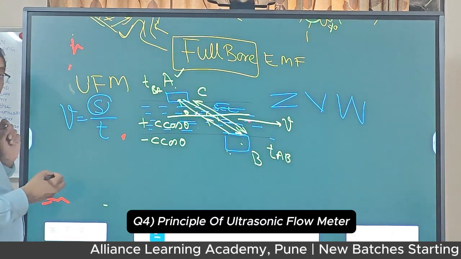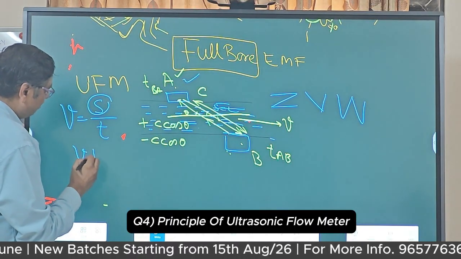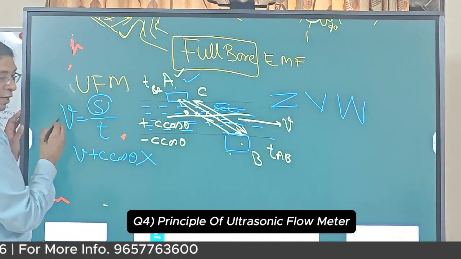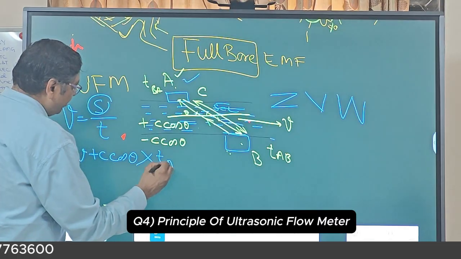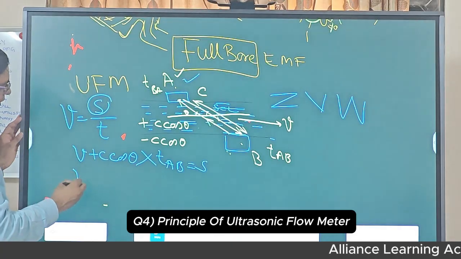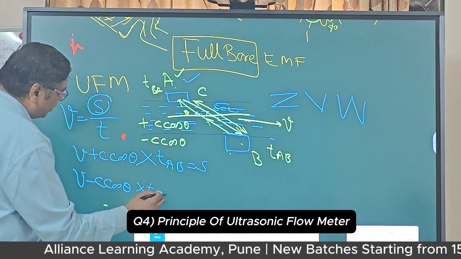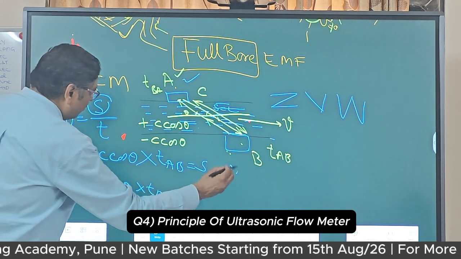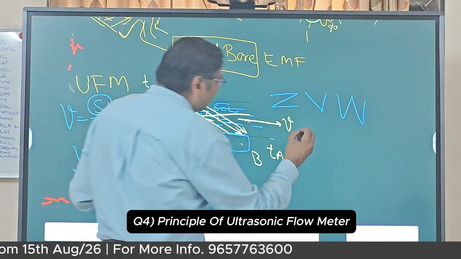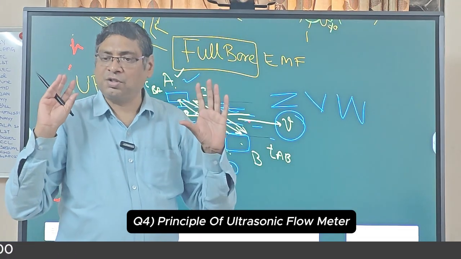So equation number 1 for A: (V plus C cos theta) into TAB is equal to S. For B, equation number 2: (V minus C cos theta) into TBA is equal to S. When we solve these equations, we can identify V. Then Q is equal to area into velocity.